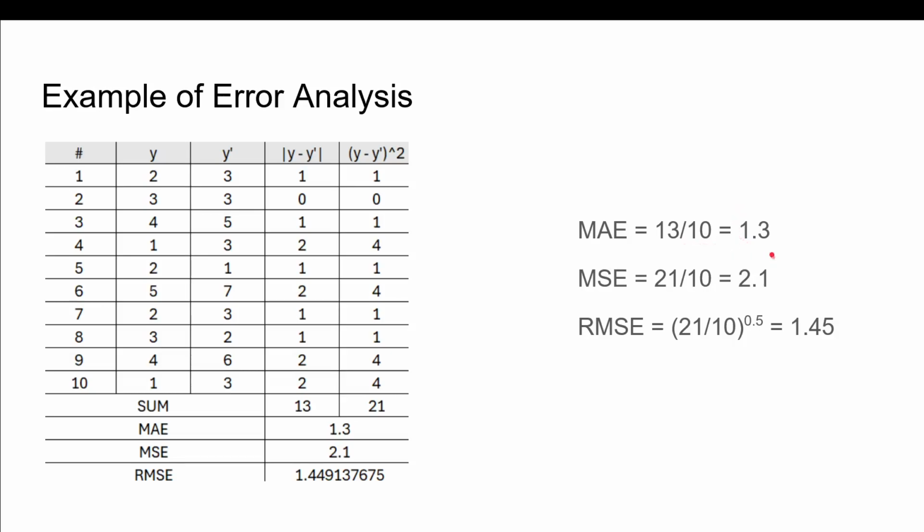You get 1.3, and for MSE, you get 2.1, but this is not in the unit of the input. So we take the square root of this one to get RMSE, and you get 1.45. So this is the example of error analysis.